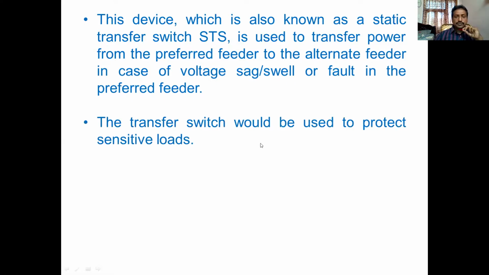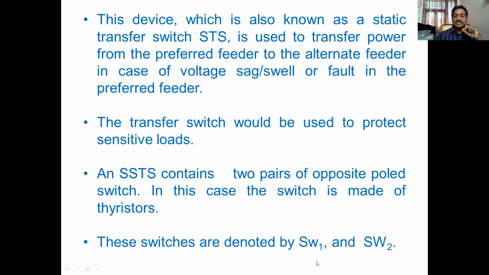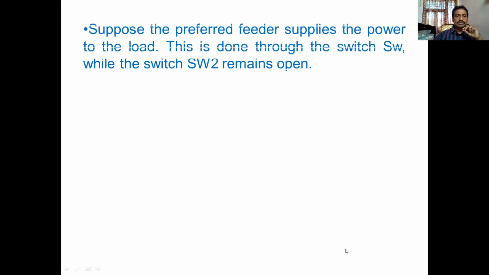The transfer switch is used to protect sensitive loads. A solid state transfer switch contains two pairs of opposite pole switches, made of thyristors, denoted SW1 and SW2. Suppose the preferred feeder supplies power to the load through SW1 while SW2 remains open.